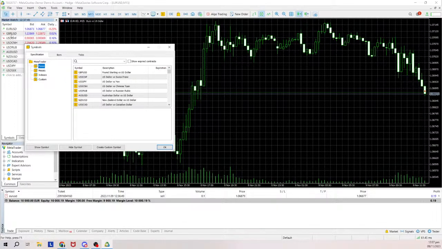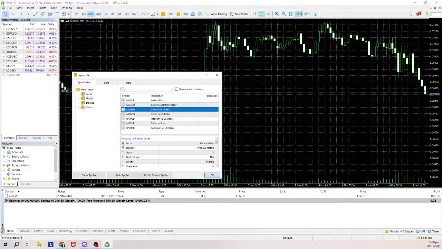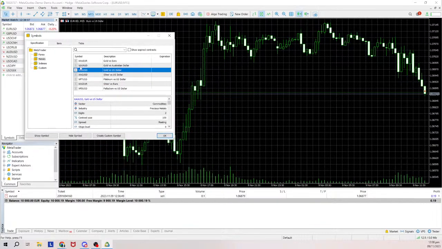The most famous ones are the euro dollar, the pound dollar, USD CHF, USD CAD, AUD USD. Those are the major forex pairs, and that's where the spread most of the time is at the lowest as well. In comparison to USD SEK or USD ruble, the spread, which is the difference between the buy and sell, would be much higher.